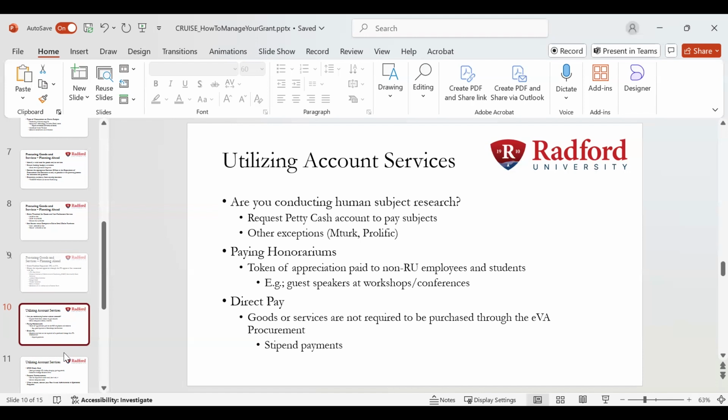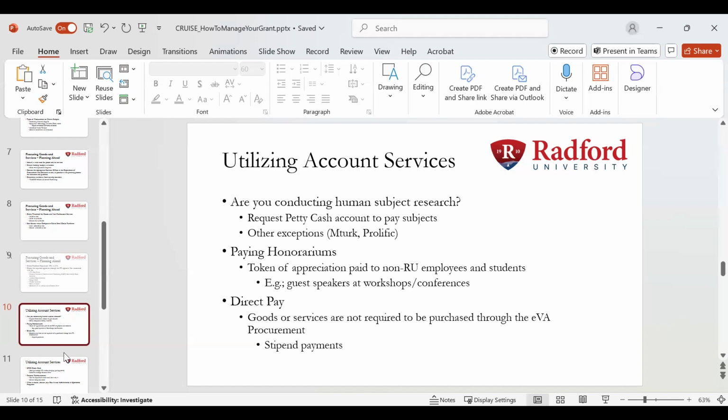No, thanks, Angela, for that. And what we try to coach our faculty who are conducting human subject research is to take advantage of the two vendors that the university has already approved, Mechanical Turk or Prolific, because not only will they manage and handle the human subject payment, but they'll also help provide strategies to recruit participants and that sort of thing.